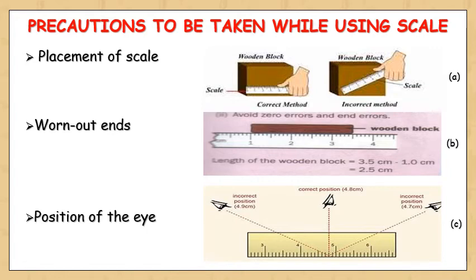Looking at the point of measurement from different angles, we might get an error. So always keep your eyes exactly above the point at which the measurement is to be taken.